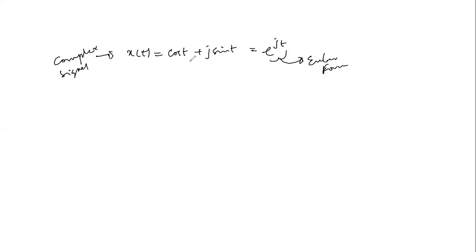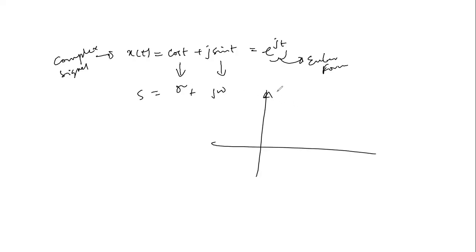Now, you will observe that the complex signal consists of a real signal component and an imaginary signal component, such that the S-plane, therefore, becomes the plot of the imaginary component and the real component. This is the S-plane.